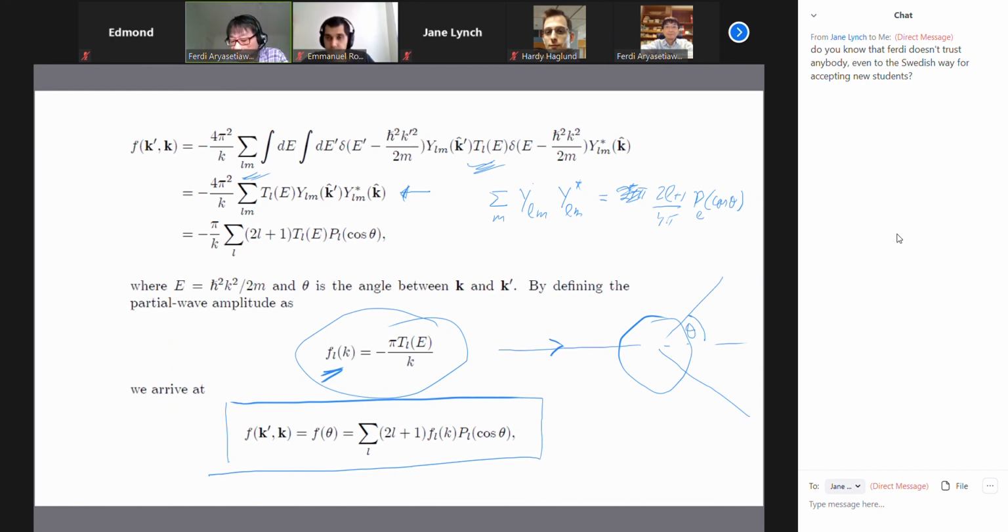It doesn't matter whether we are rotating around this axis here. We have the same scattering amplitude. It depends only on the theta angle. So that is a kind of neat expression. It's very nice. You just have a relatively simple expression for the scattering amplitude.